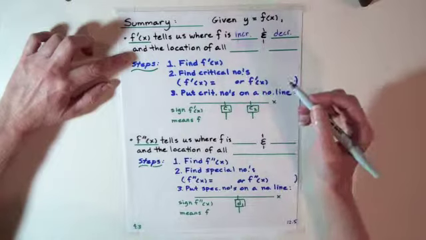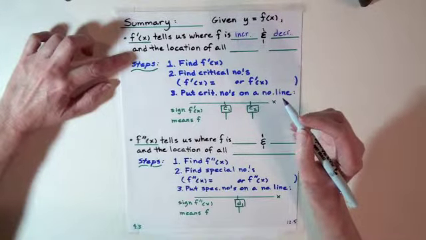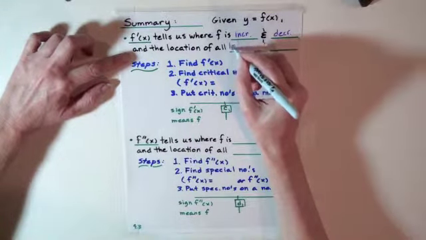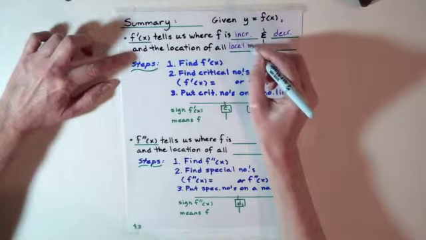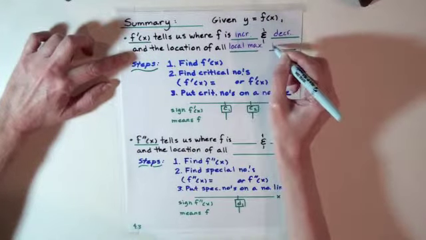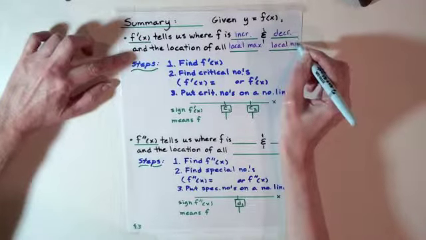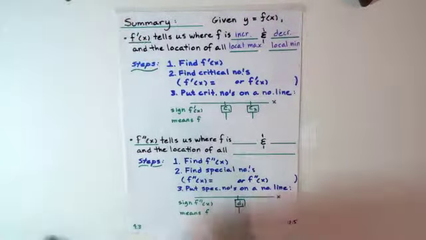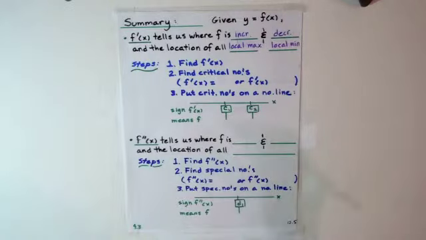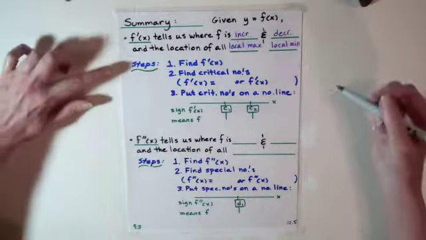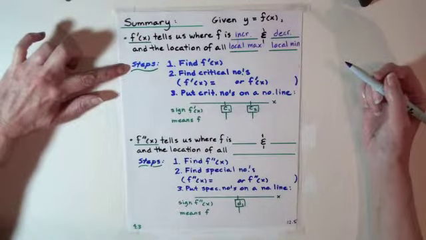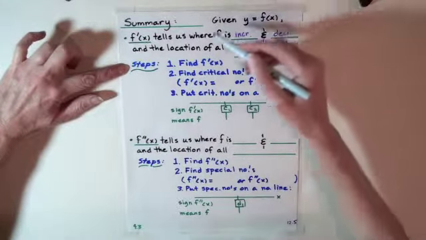And those were what we called the local extrema, and specifically they were the local maxima and the local minima, the peaks and the valleys of our graph. So f prime tells us where the function's going up, where it's going down, and where all the local max and min are.